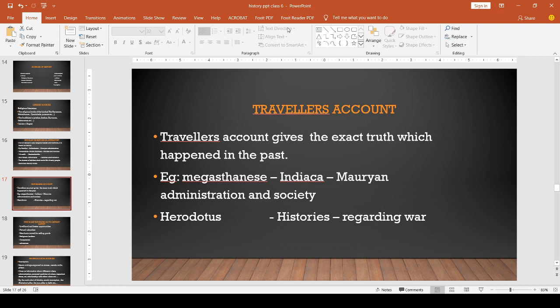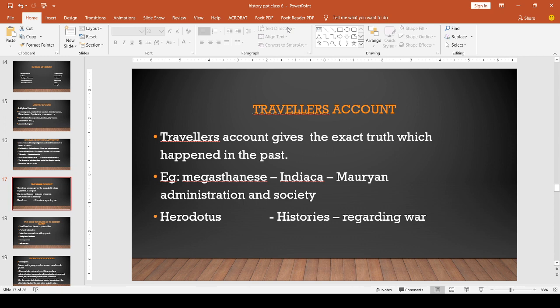For example, Herodotus in his book History supplies much information regarding the Persia-Greek War and political connection of northwest India with Persia in the 5th century BC. And Megasthenes in his book Indica throws light on Mauryan administration and society.